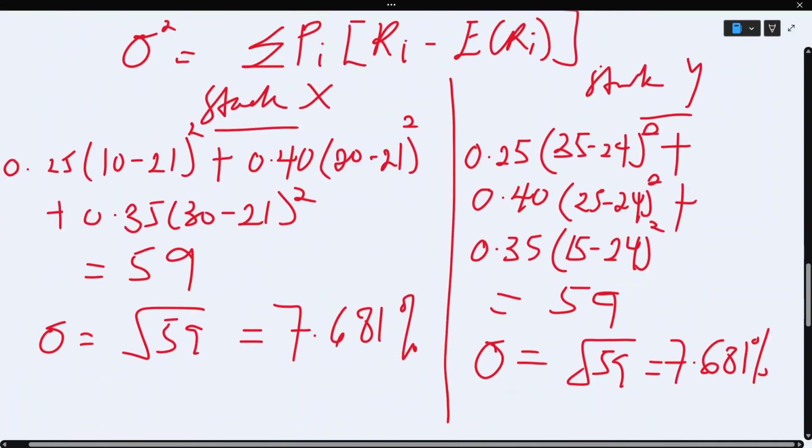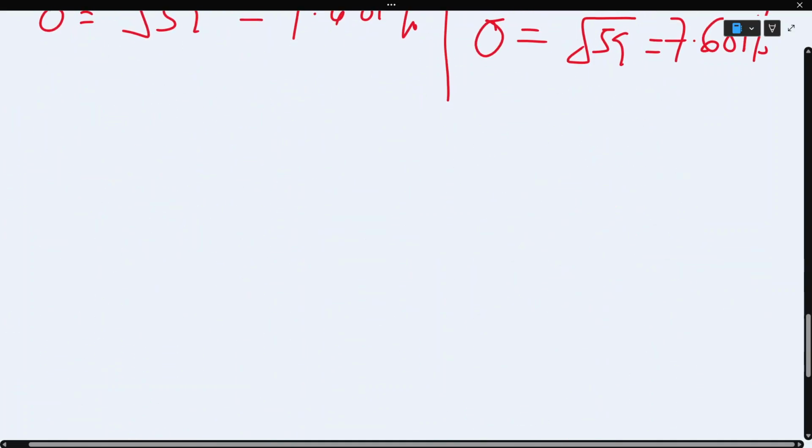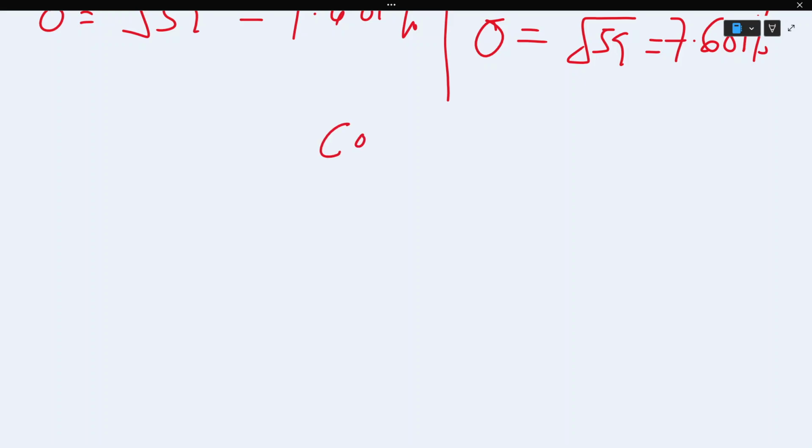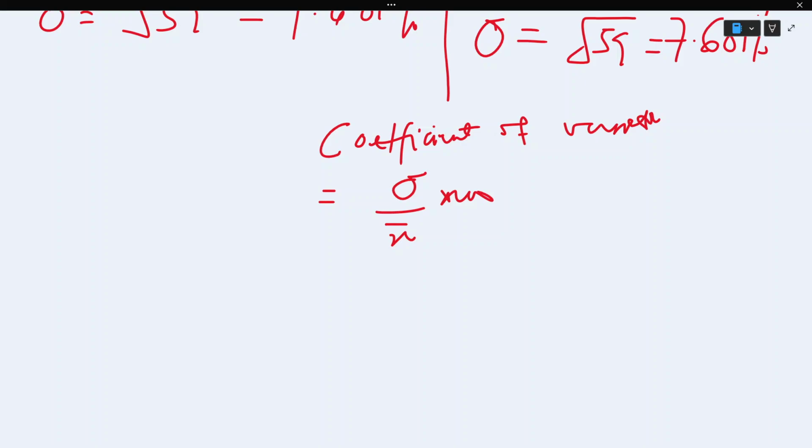Alternatively, you can go ahead to find what we call the coefficient of variation, which is given by standard deviation divided by the mean, times 100.